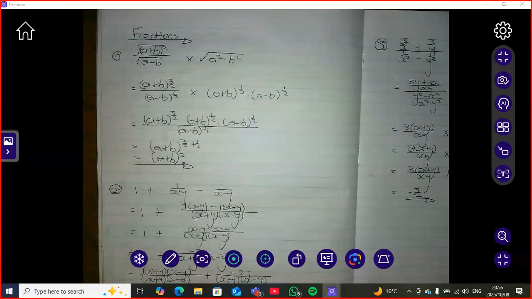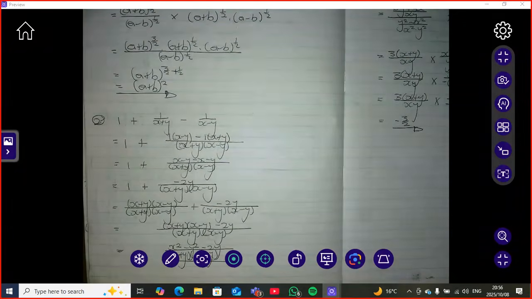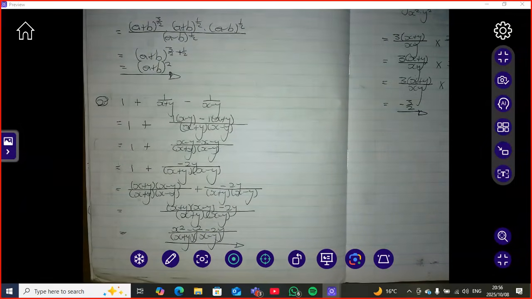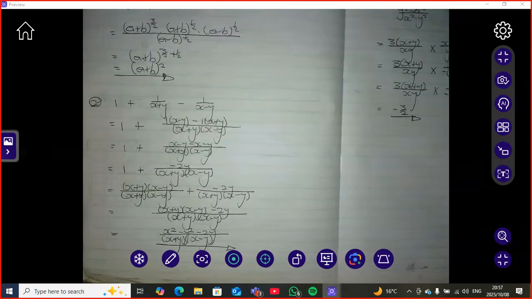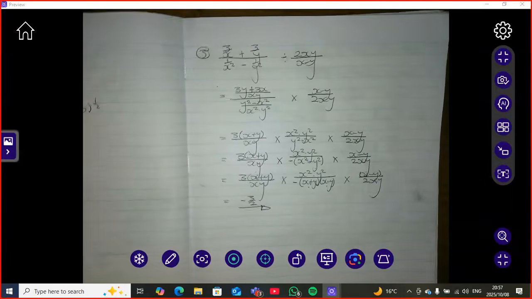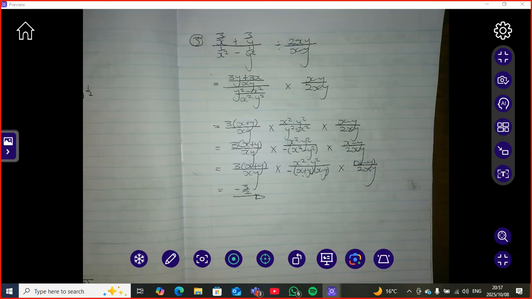Can we win? Yeah. So now, when I explain the logs, it's going to be difficult for you to understand because you don't know logs. So even if I explain to you, if you don't understand the laws, then I don't know.